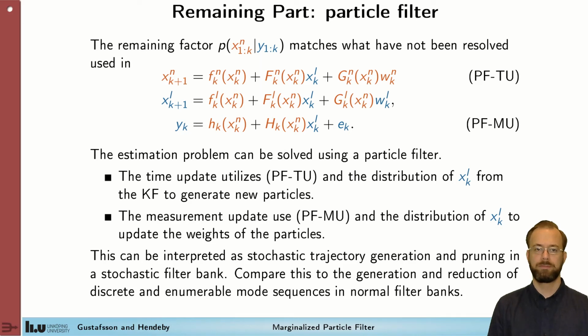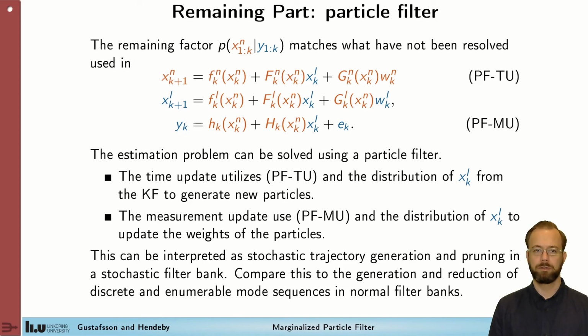The handling of the second factor in the factorization of the posterior distribution using a particle filter can be viewed as a stochastic generation of trajectories and pruning of them in a Kalman filter bank. And that's the reason for the name mixture Kalman filter that's sometimes used.